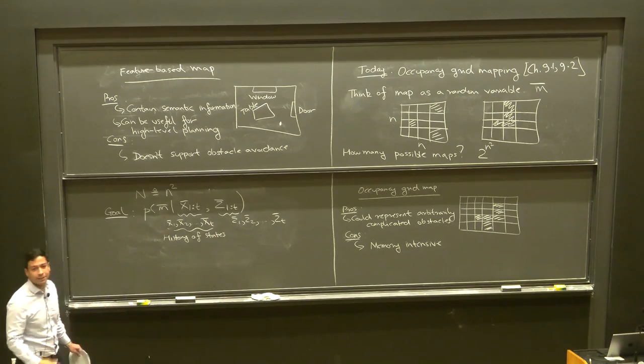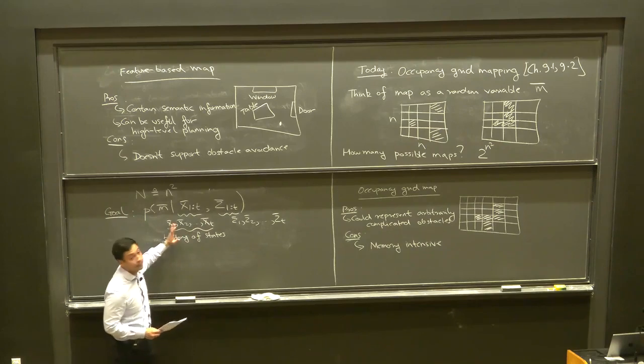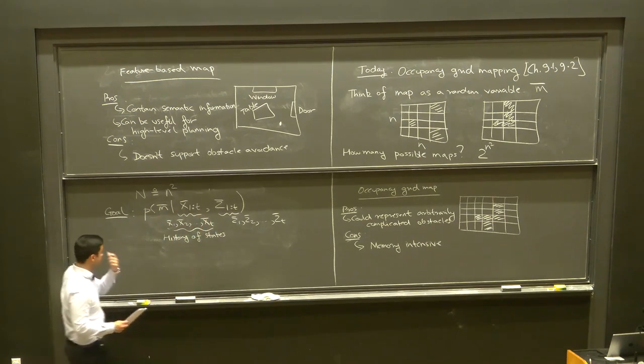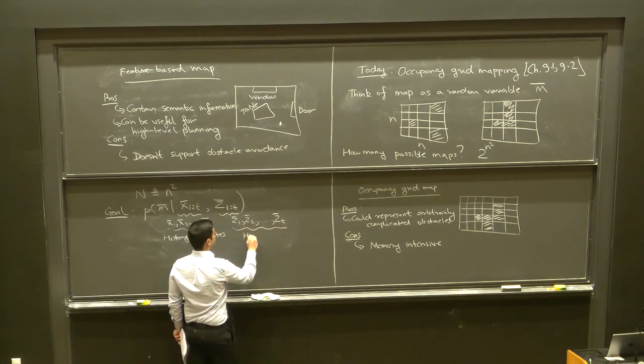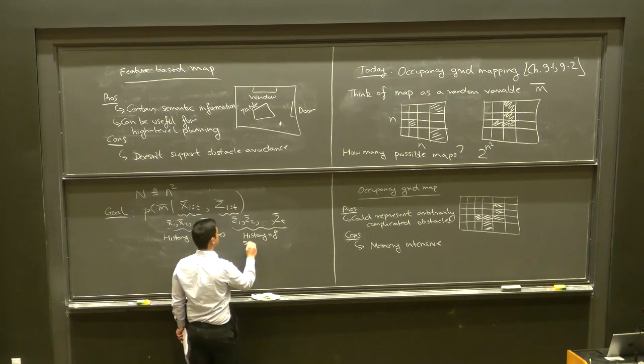Let's think about them as just locations, the history of locations that the robot has visited from time step 1 to the current time step, which is time step t. And this is the history of sensor measurements.